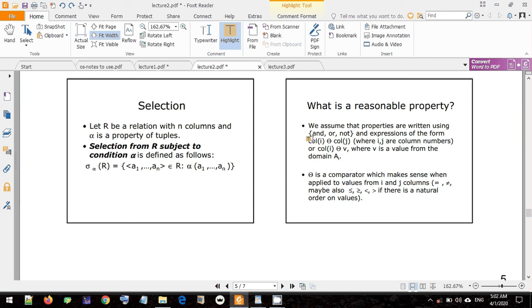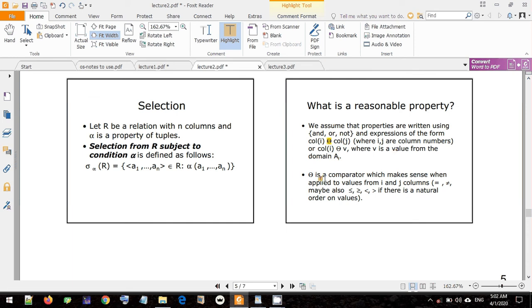Before we continue, it is important that we look at what a reasonable property is. We can assume that properties are written using and, or, not, and expressions of the form column I comparator column J, where I and J are column numbers.